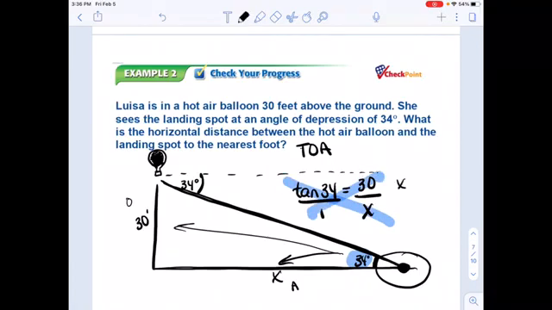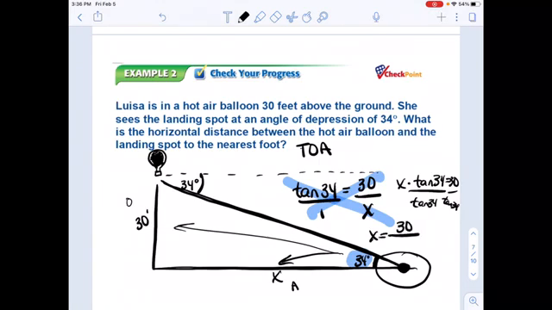Notice if the x is in the denominator, you do have to do some cross multiplying. Running out of space. So x is going to equal 30 over tangent of 34 degrees.